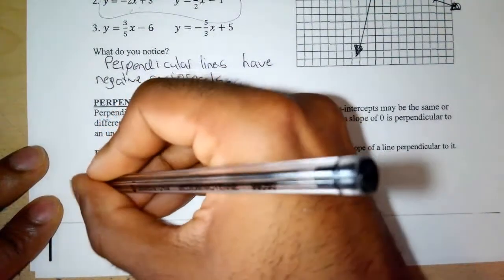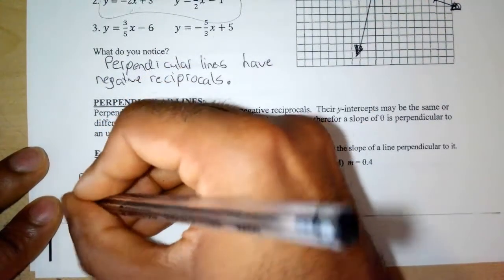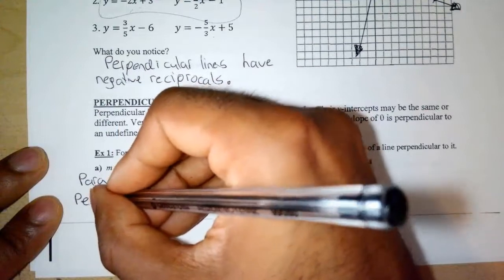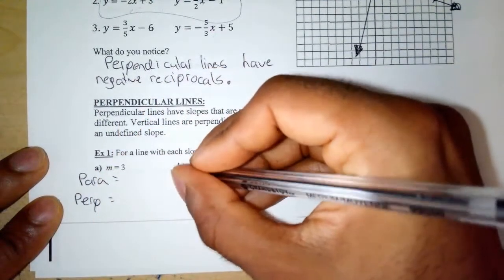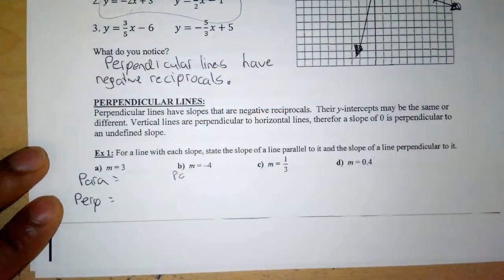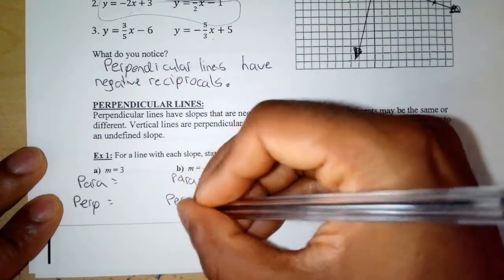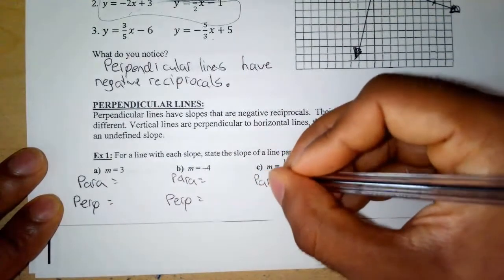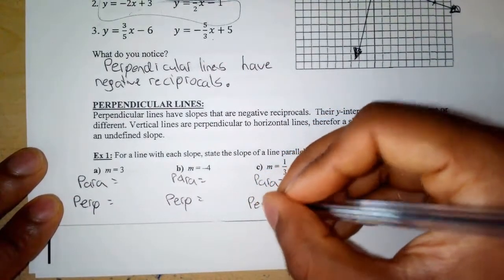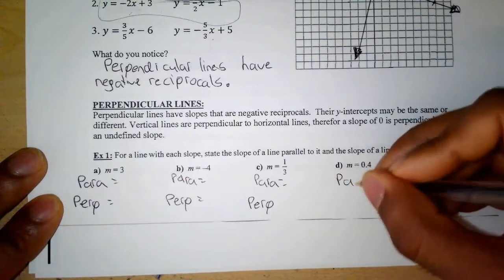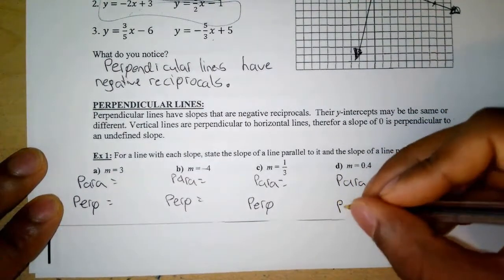I'm just going to type para to be short, perp for perpendicular.